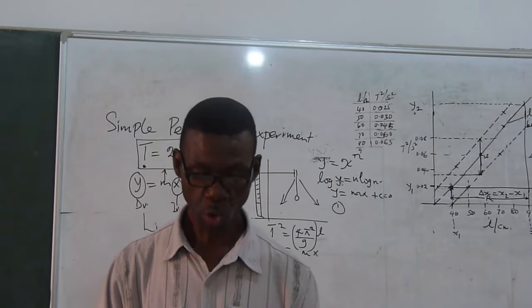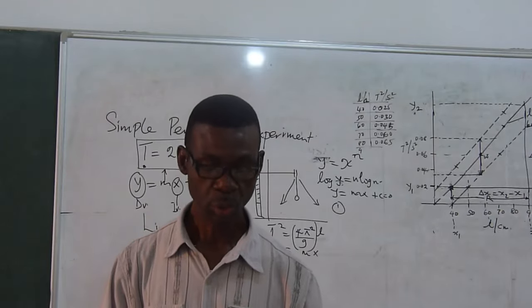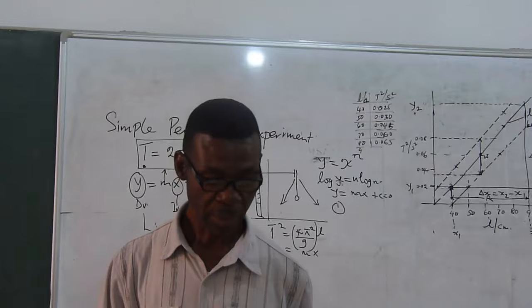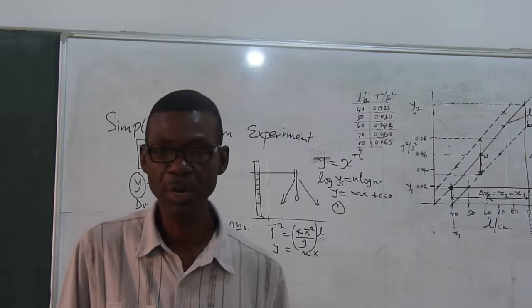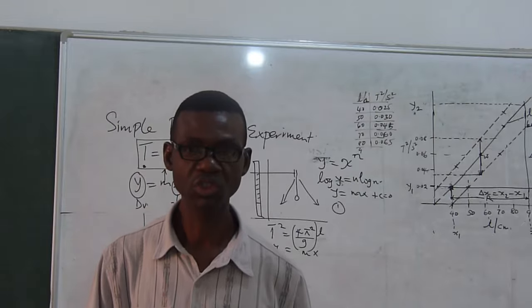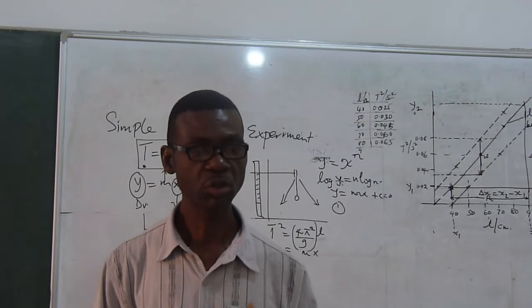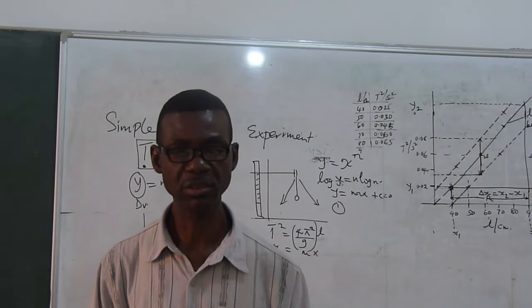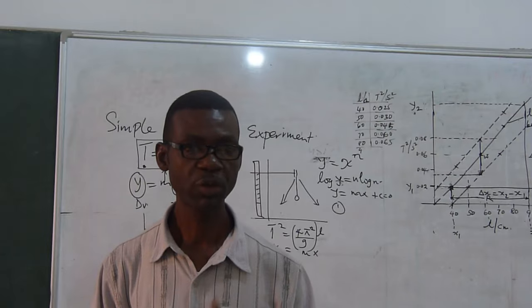Now, what are the major components of practical physics? Number one, like I said, what you come to do when you are performing an experiment is to verify a law, a hypothesis, or a theory. So when you want to come to the lab, there must be a theoretical basis for what you want to do. You have a theory you want to verify.